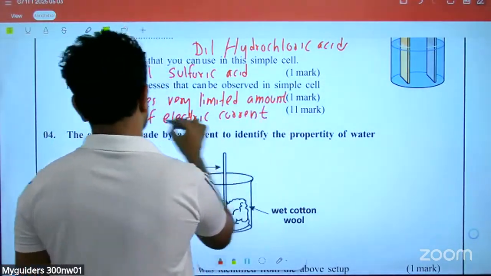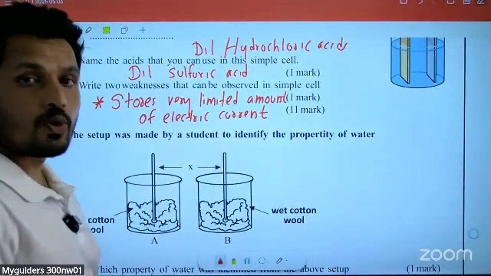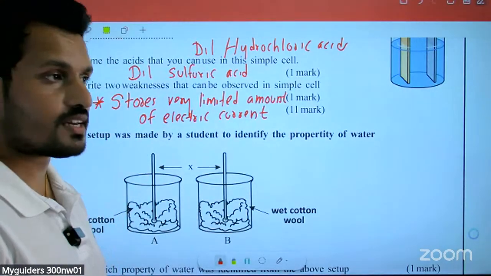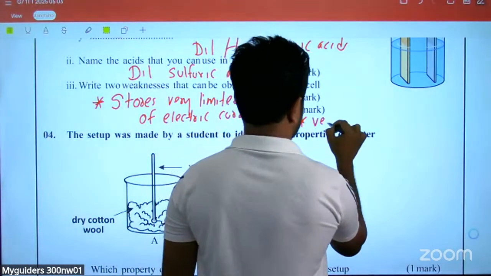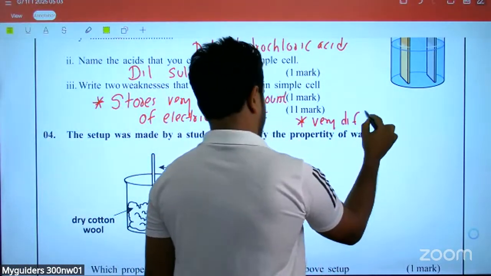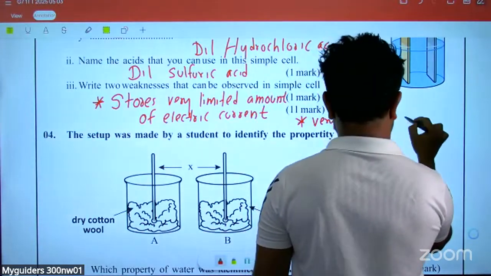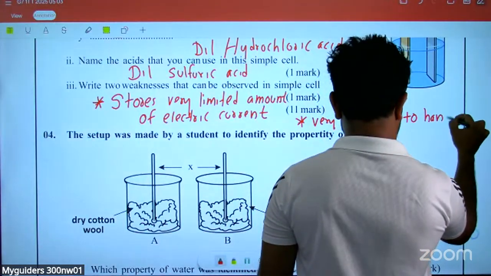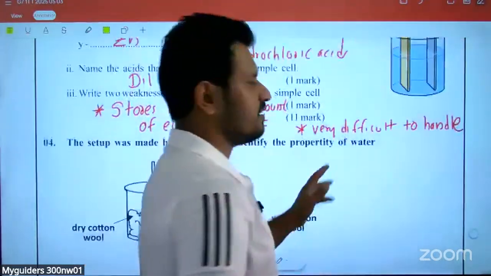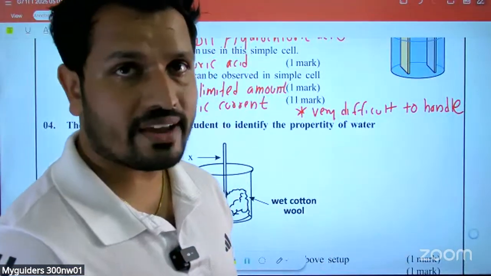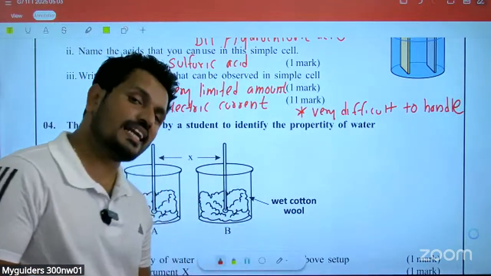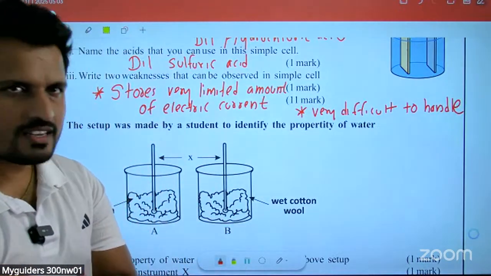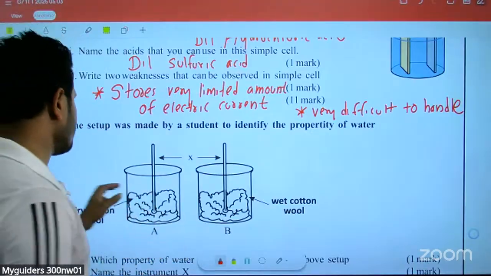And it is also very difficult to handle. Why? It's not portable. The acid can spill, so there are many problems. It is also very large in size and contains liquids. These liquids may spill.